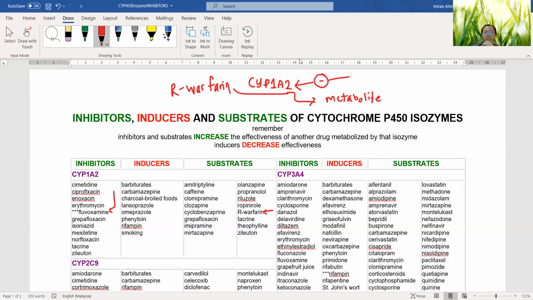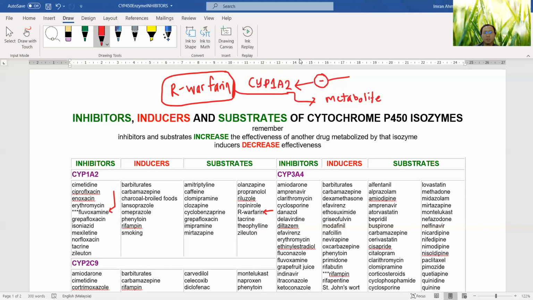If you inhibit this metabolism, warfarin will be around for a longer time. It will increase the available warfarin in your circulation, so there is more potential for adverse effects, unwanted effects, side effects of the drug. That's what's going to happen if we give inhibitors.